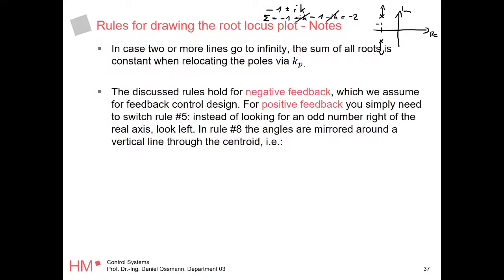Okay, the discussed rules hold for negative feedback, and this is important now, especially for a flight control engineer. So we're always assuming the minus in the feedback loop, right? Why is this important for flight controls? If you're listening to my flight control course, we know that aircraft have very specific coordinate systems.